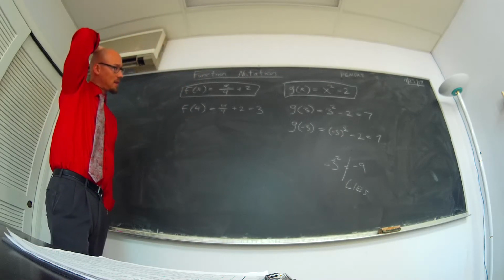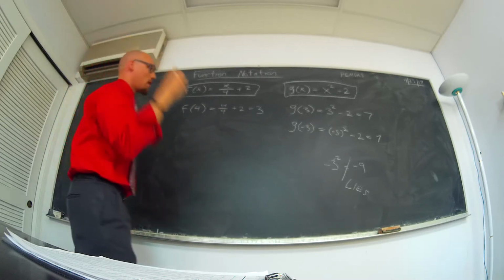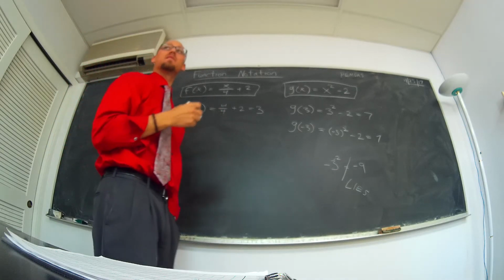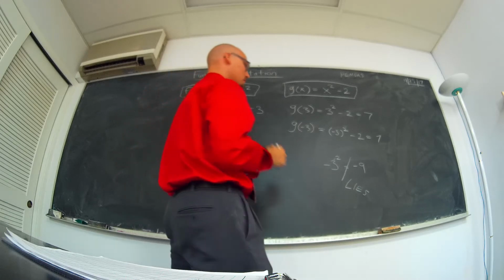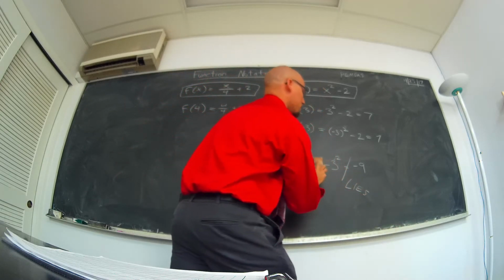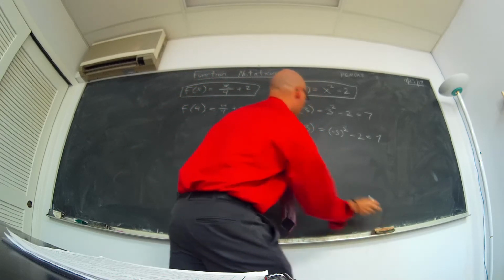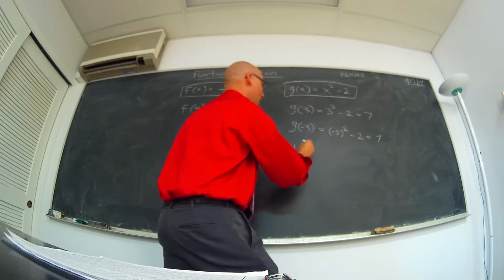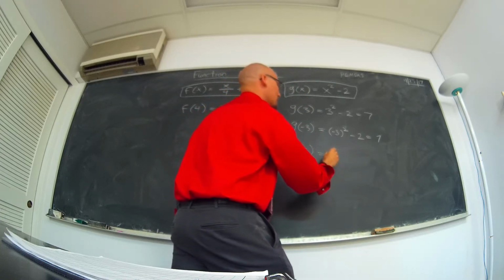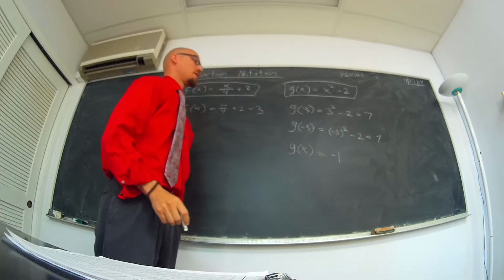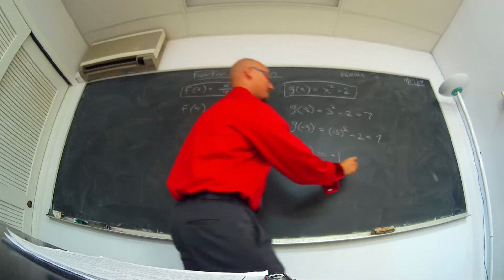How about, this is fancy. Who wants to get fancy? Owen, you want to get fancy? I'm going to say g of x is equal to -1. What is x?